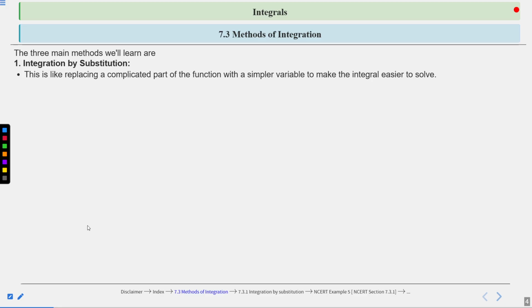In this way, you can convert the non-integrable form into an integrable form by using the substitution method. This is like replacing a complicated part of the function with a simpler variable to make the integral easier to solve, okay?